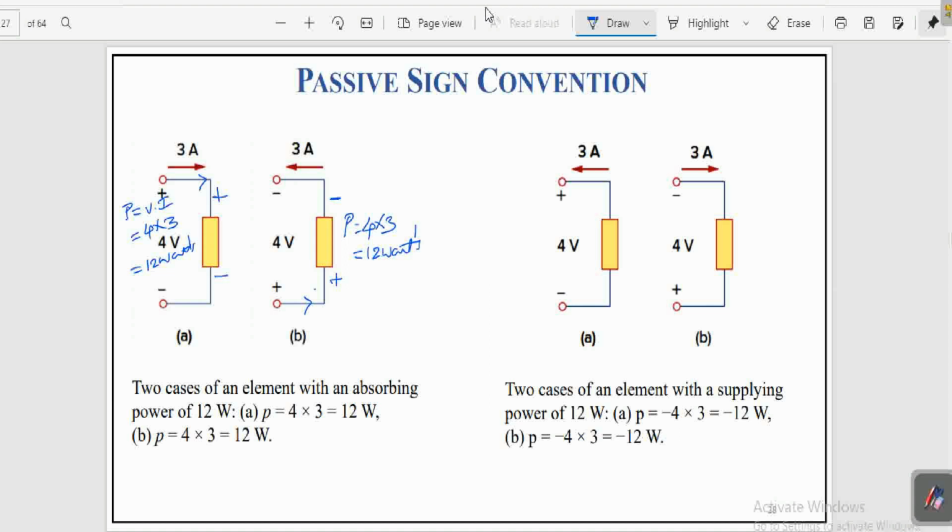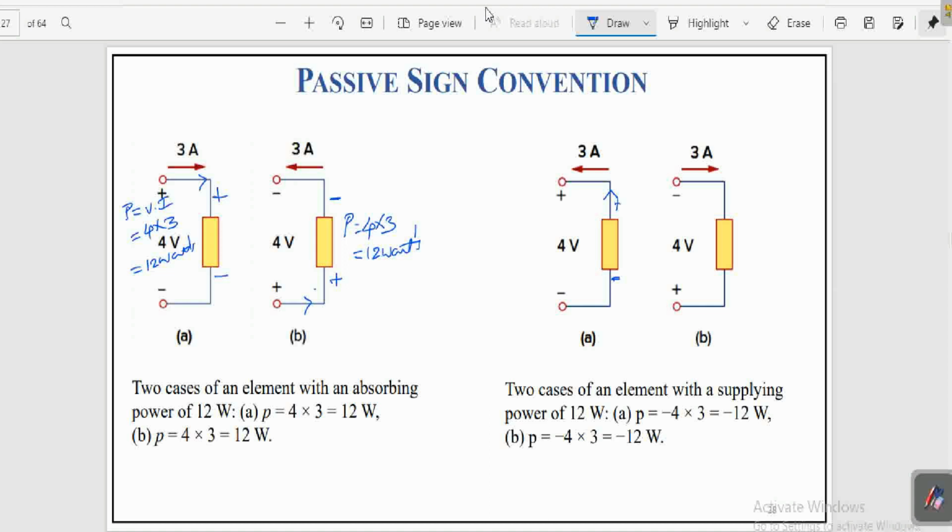Let us take an example on the right side, A. This is your positive terminal and this is your negative terminal. If you observe, the current is leaving the positive terminal. So is this one obeying your passive sign convention? No. According to the passive sign convention, the current enters into the positive polarity of voltage across the element.